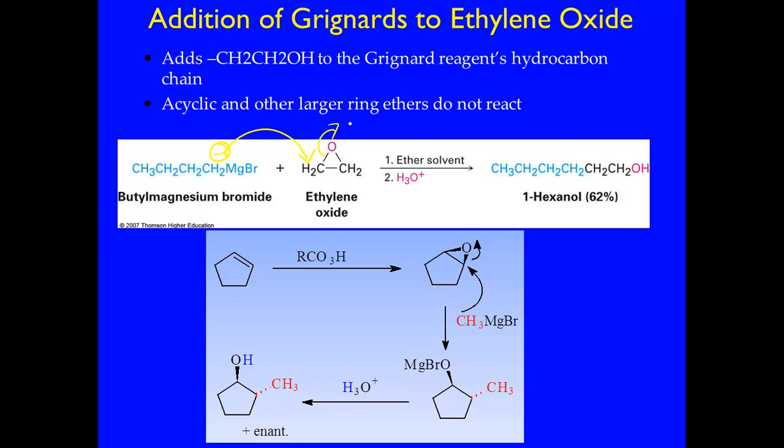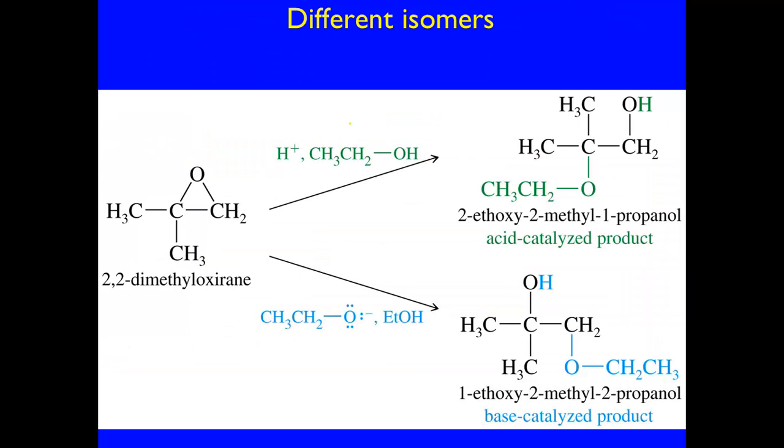Okay? And this is a summary of the discussions we had. If you have an unsymmetrical epoxide, the substitution pattern is different from these two compounds: different substituents, different sizes of substituents, different numbers of substituents. So these two carbons are differently poised for the ring-opening reaction.